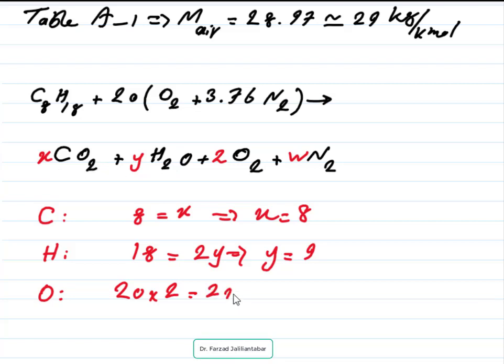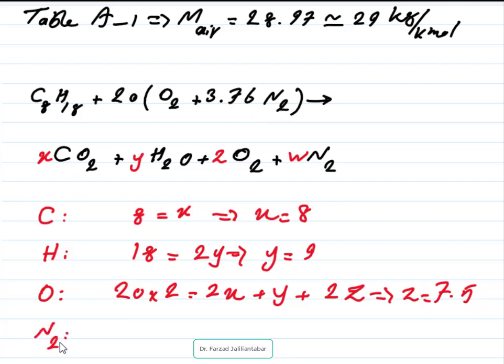We have 2x plus 1y plus 2z. We already know X and Y, so z will be 7.5. What about N2 or nitrogen?